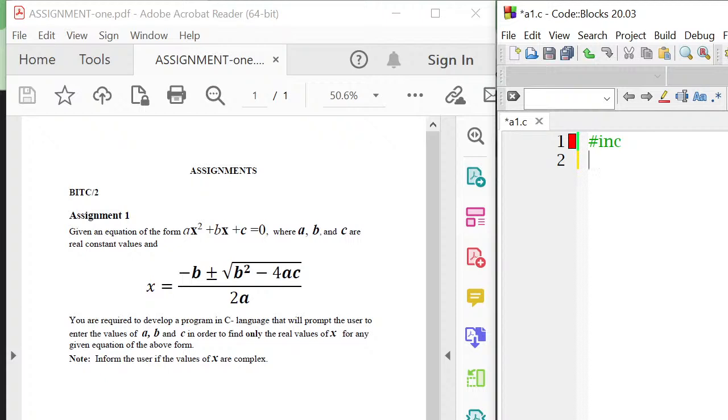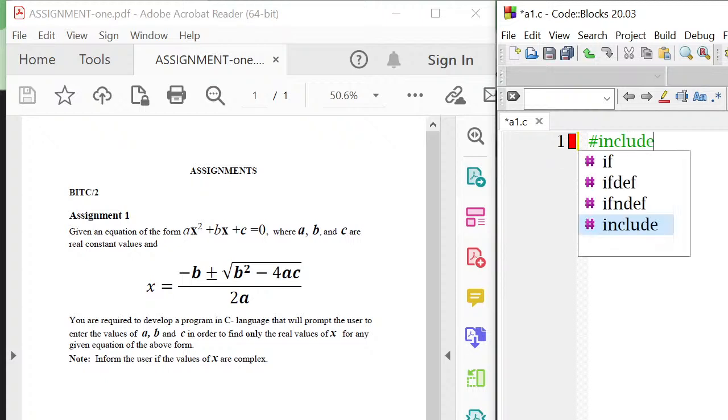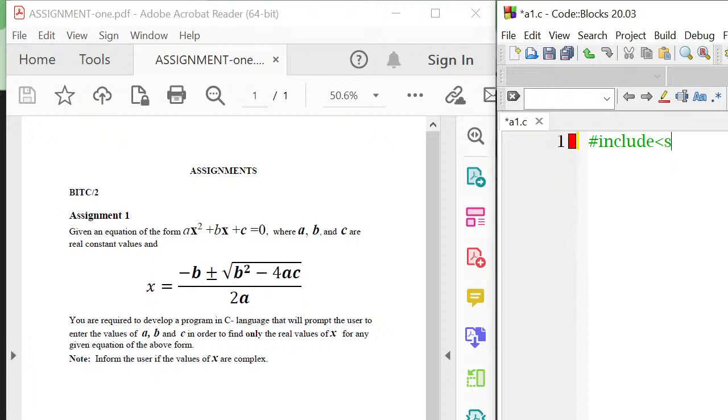Hashtag include stdio.h, and then we can say int main. Write this program, int main. Inside int main, now we have to declare the variables a, b, and c.